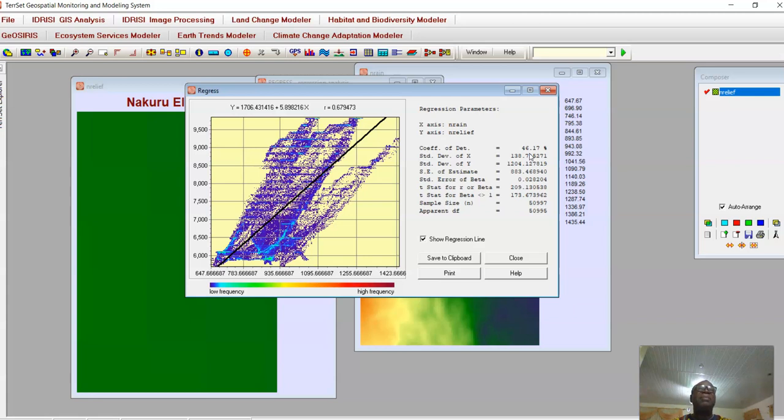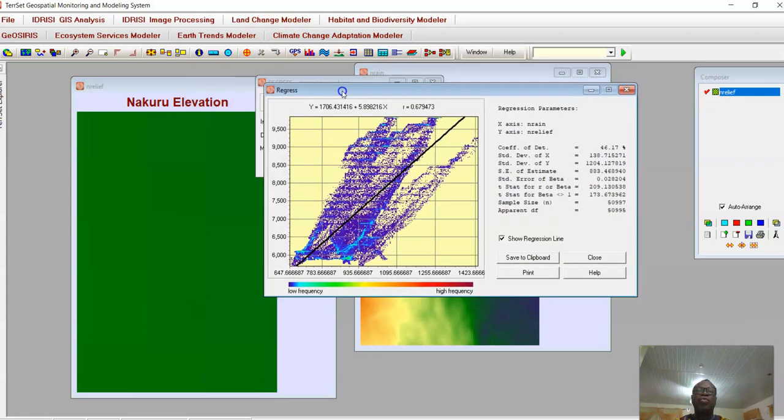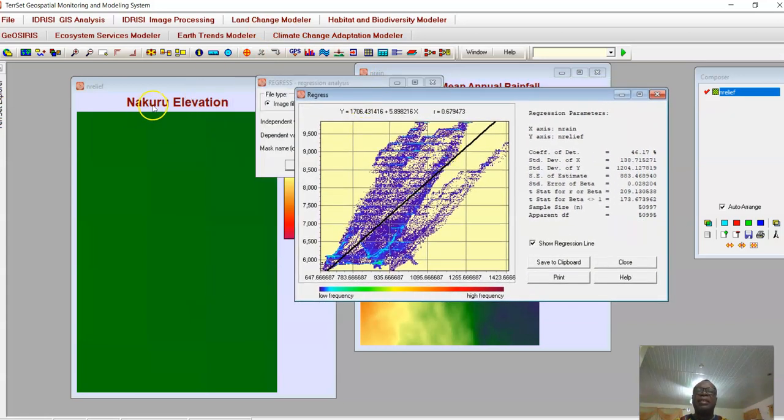You can derive the relief from the elevation using the scalar. So actually the scalar and regress are always used together. Now we have seen the relationship between these two images, the elevation and the rainfall.